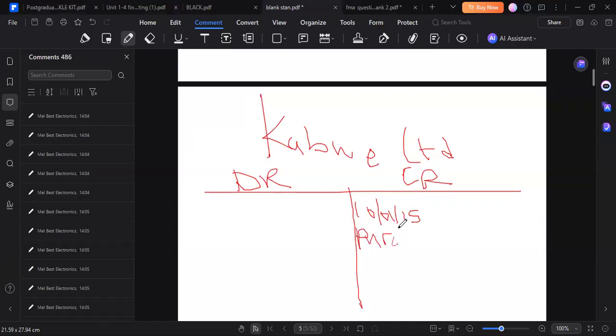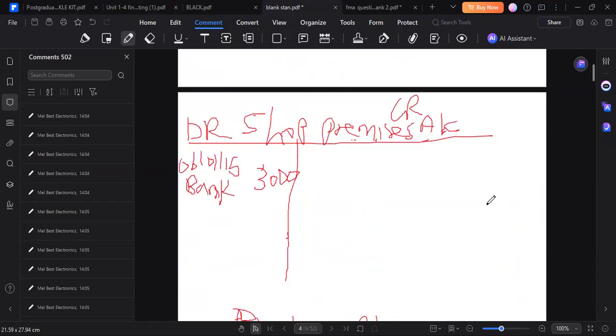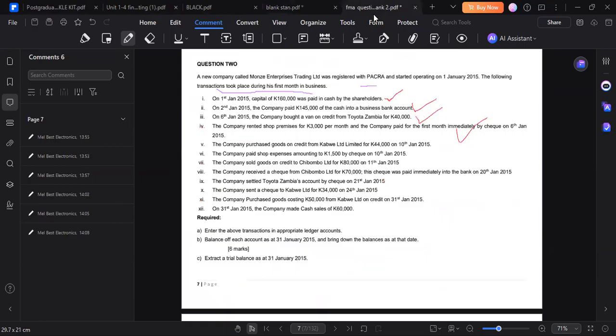What you call purchases, 44,000. All right, so Cargo Limited account, we have this one. That answers that part on 10th. All right, so we move on.